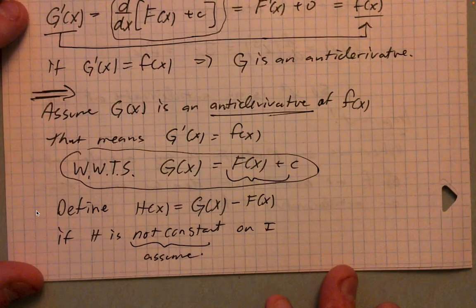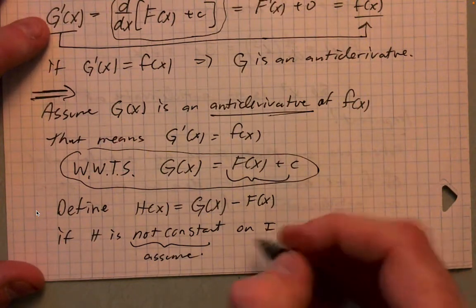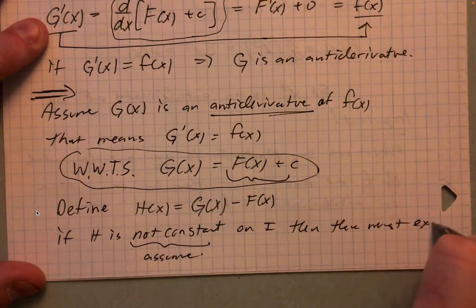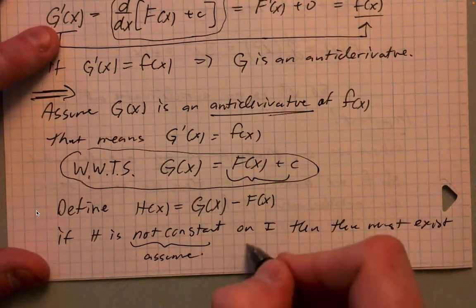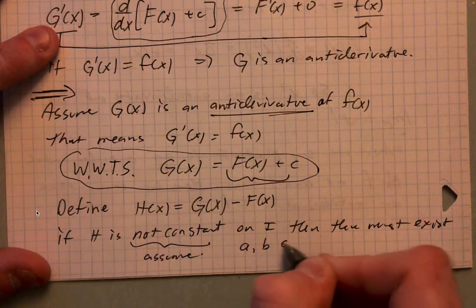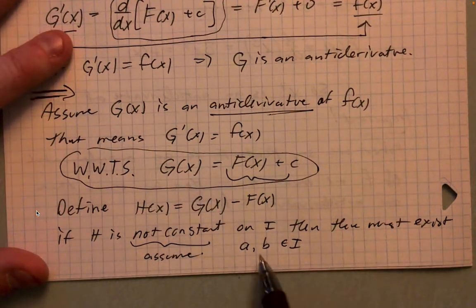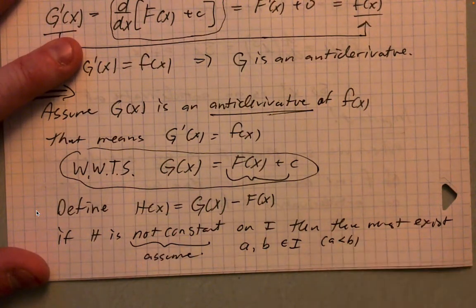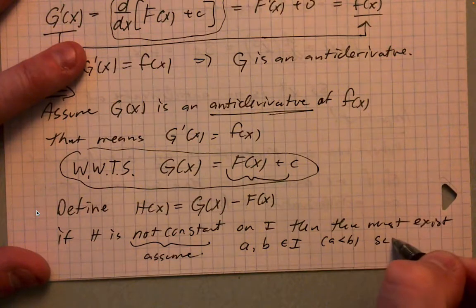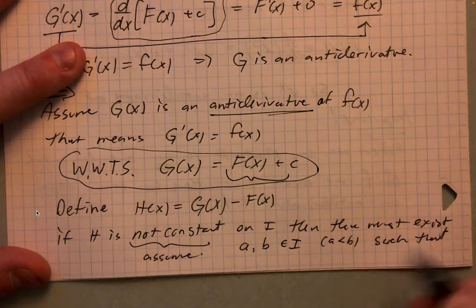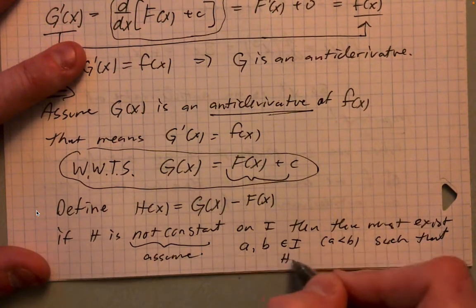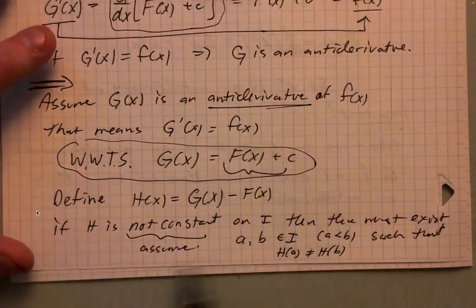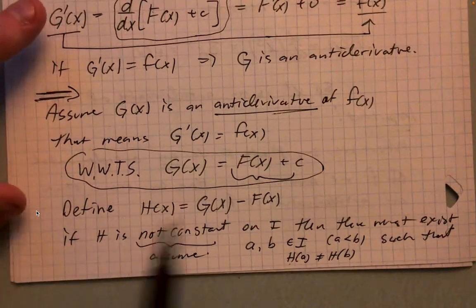If h is not constant on I, then there must exist a and b in I, some real number a and some real number b in I, and we'll just say a is less than b, such that h of a is not equal to h of b, right? So this is super basic. I know we're being pedantic about this, but let's recap here.